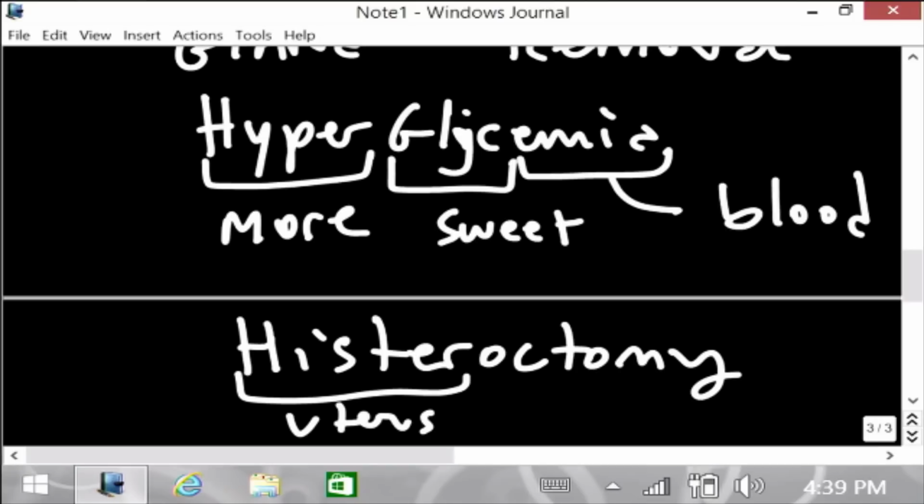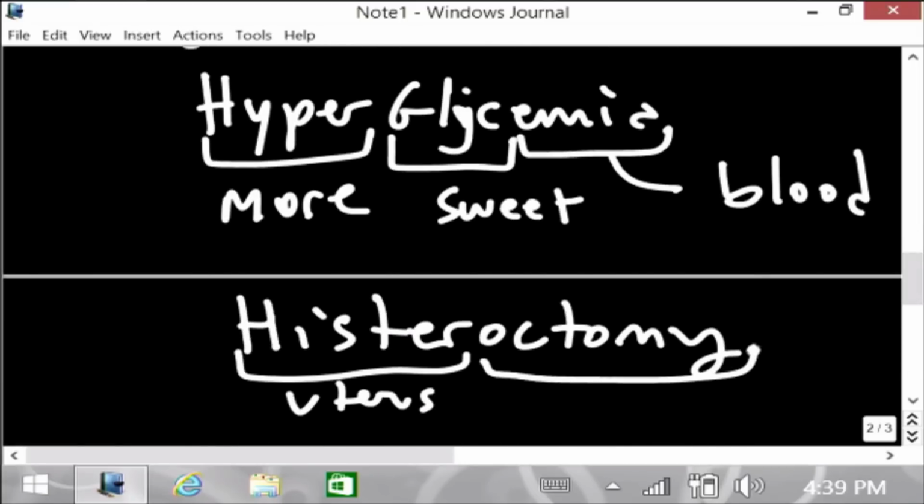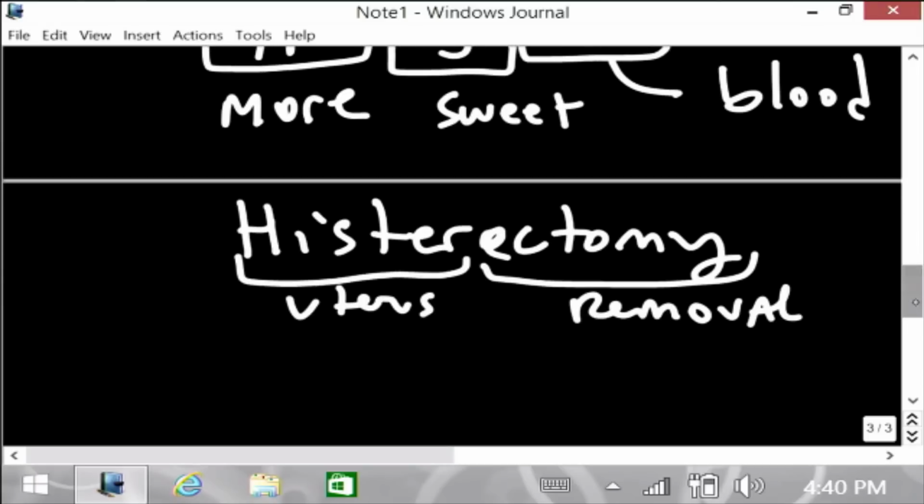And what is the meaning of ectomy or ectomía, as we saw already? Histerectomía, that will be removal. So hysterectomy is the removal of the uterus. Okay? Now, these are just examples.